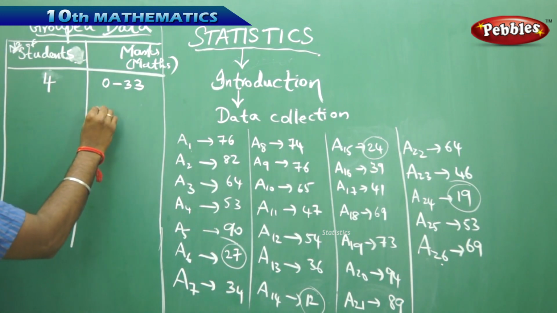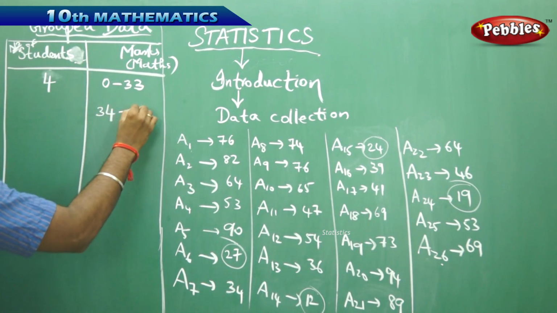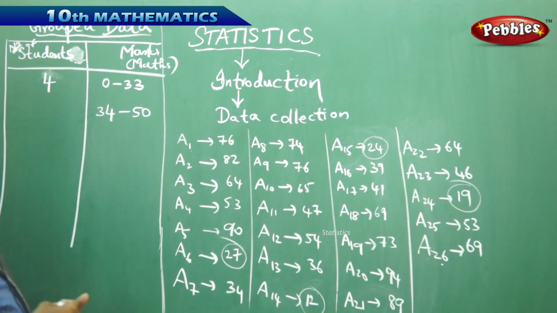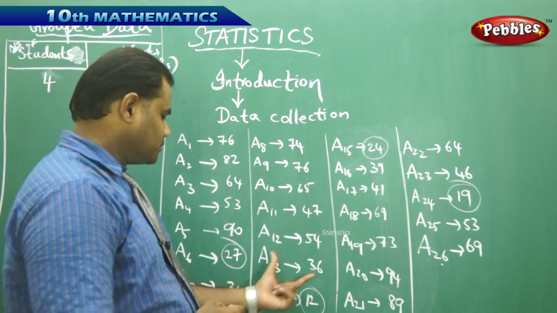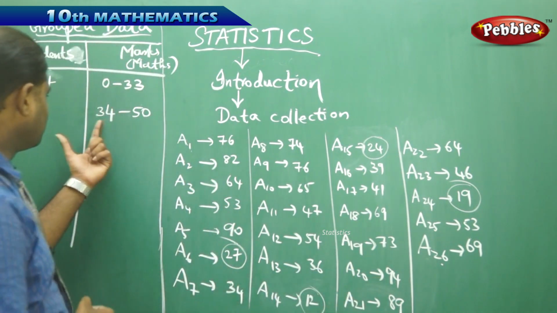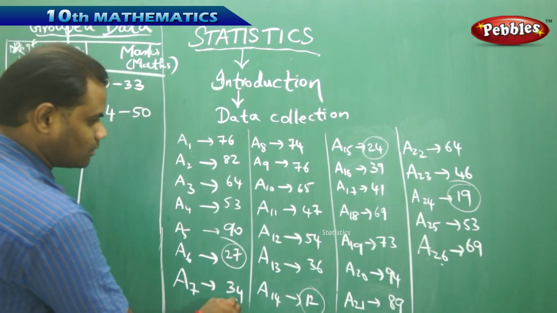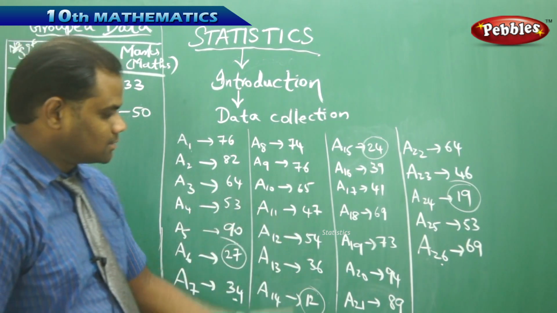Similarly, I take the students who got the marks from 34 to 50. Then I count all the marks which are between 34 and 50, including 34 and also 50 if it exists in this.